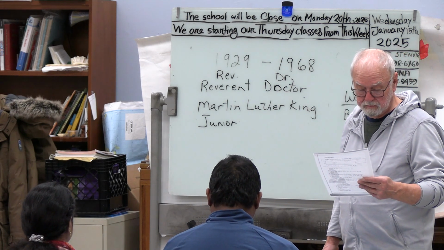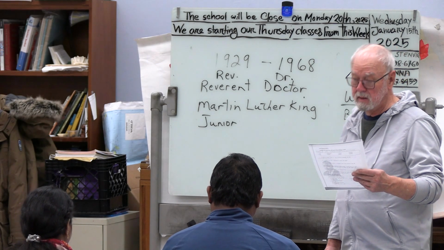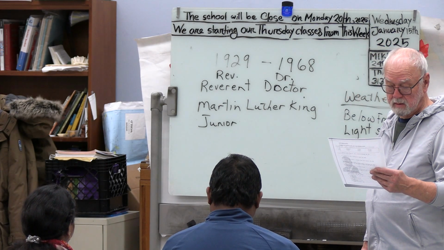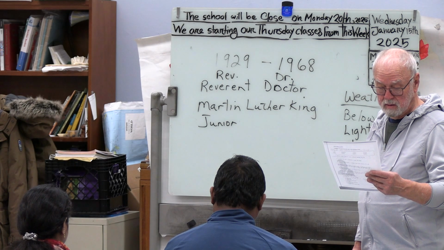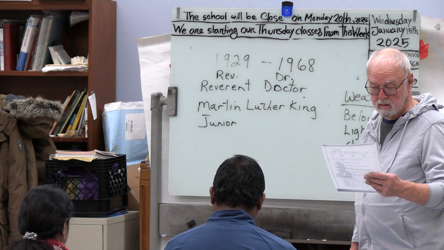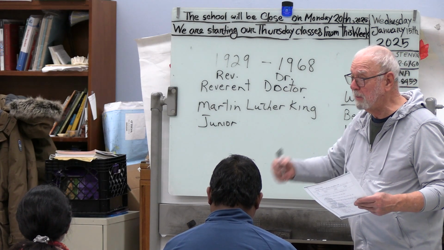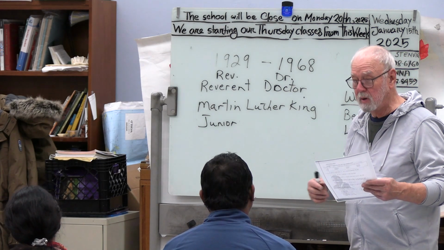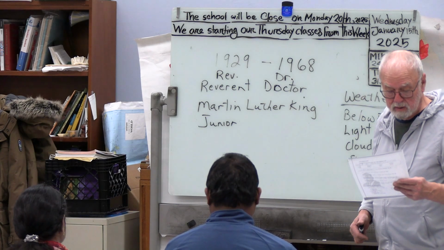Black people sit in different parts of restaurants and movie theaters, public places. This is an example. Restaurants, movie theaters. Seema, go ahead, next part.